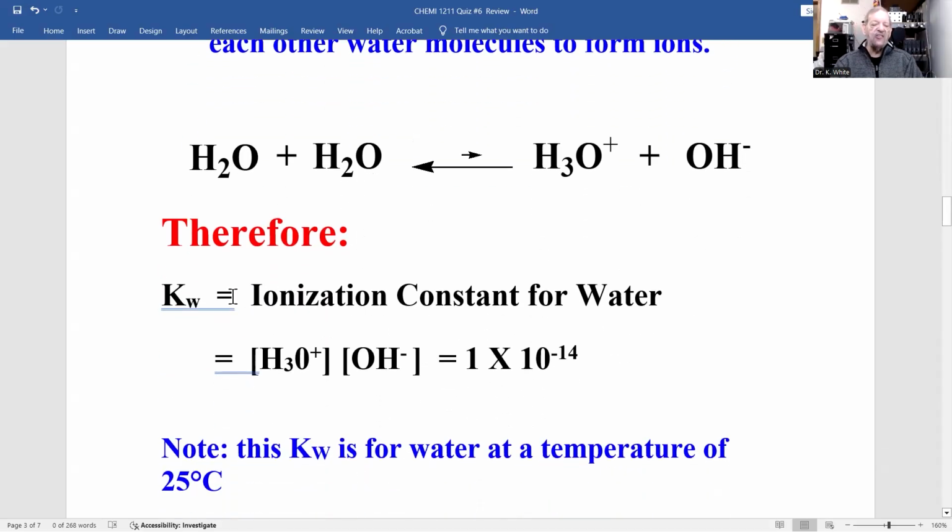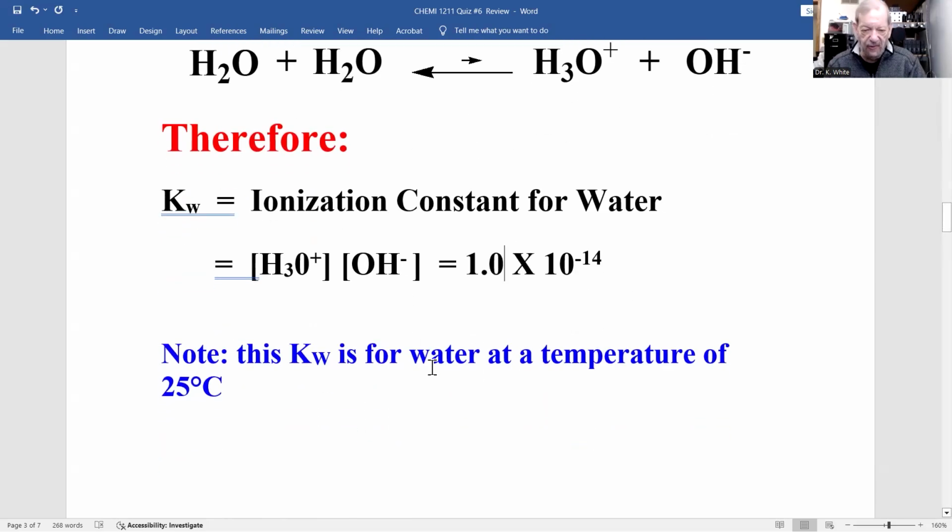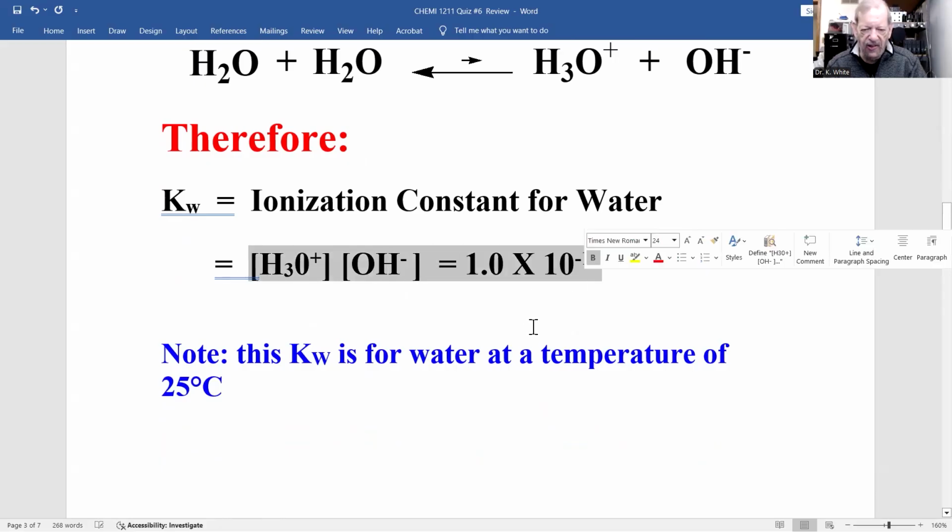The ionization constant for water, Kw, I wish it was named after me, those are my initials, but it's not, is the concentration of H3O plus times the concentration of OH minus. That's what the brackets mean, moles per liter. It equals 1.0 times 10 to the minus 14 at room temperature. Hint, you should know this.